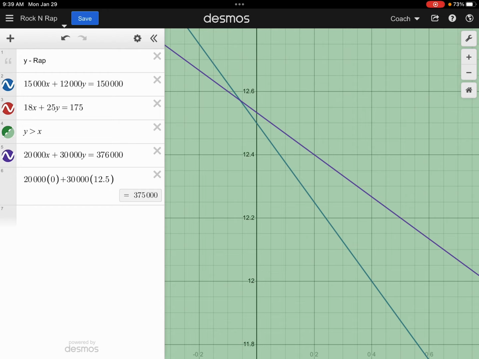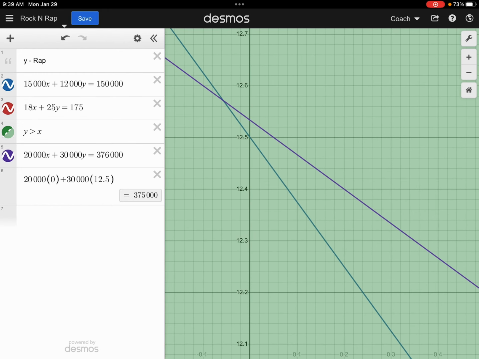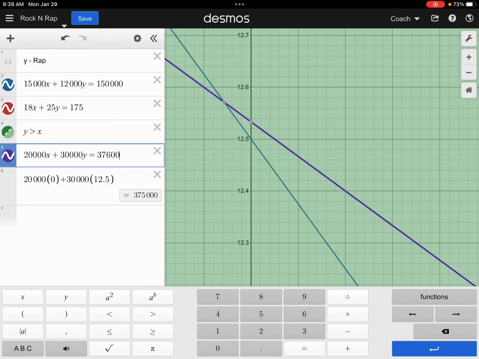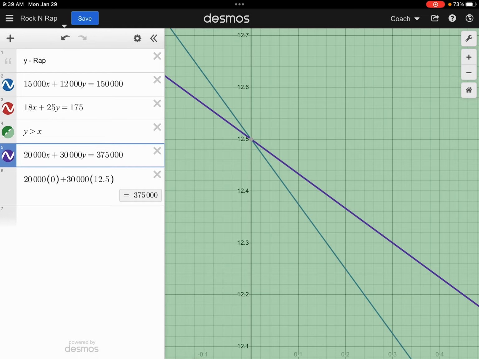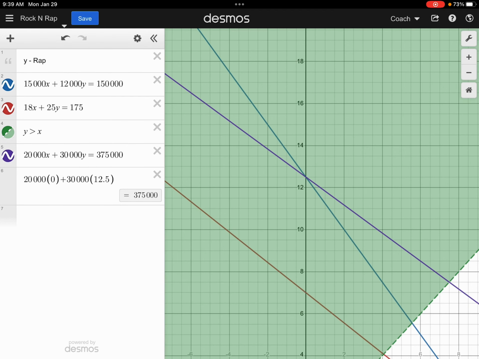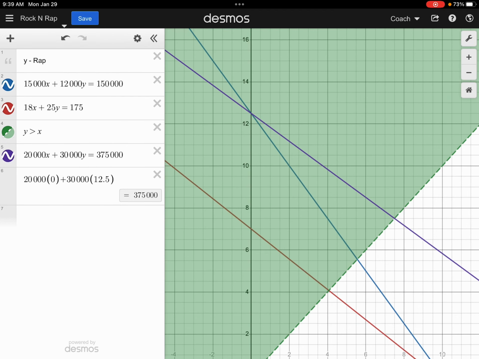Okay, as we zoom in, you see we are actually outside the region. So we're above that 12.5 line, right? But as soon as we go back down to the 375,000, okay, we are right through. So that is the highest point within our region that we could make for our company.